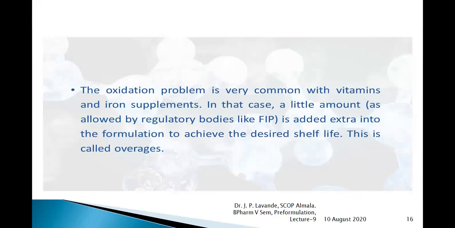This is called overages. So what are overages? Generally, in the case of vitamins and iron supplements, a little amount is added extra to the formulation to achieve the desired shelf life.